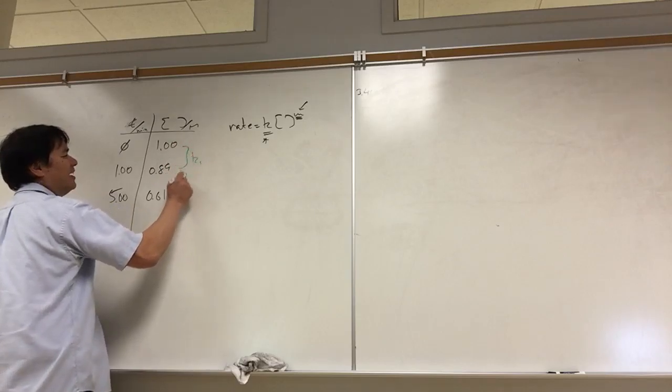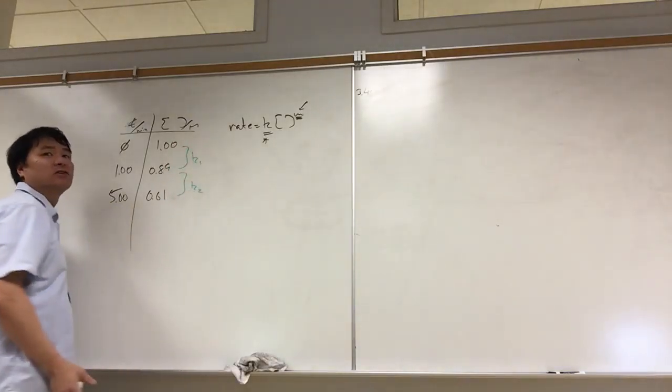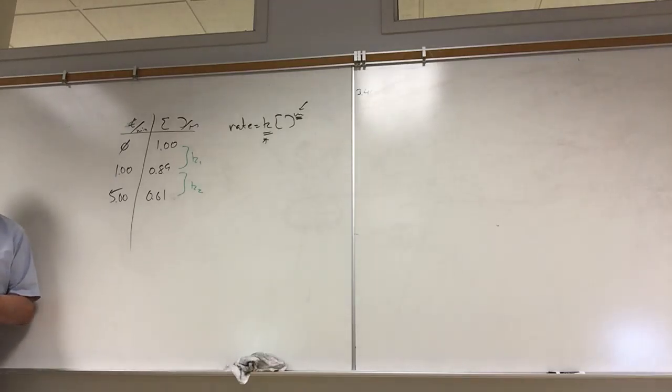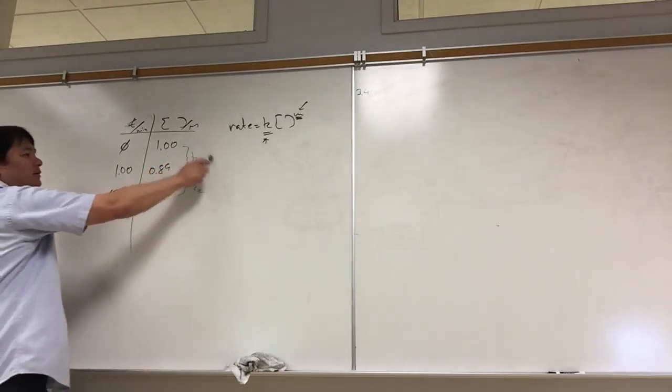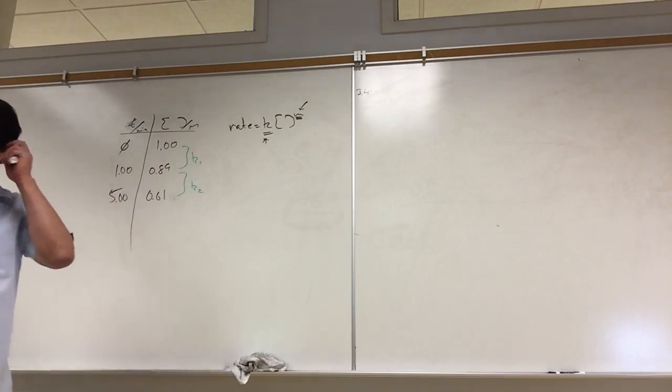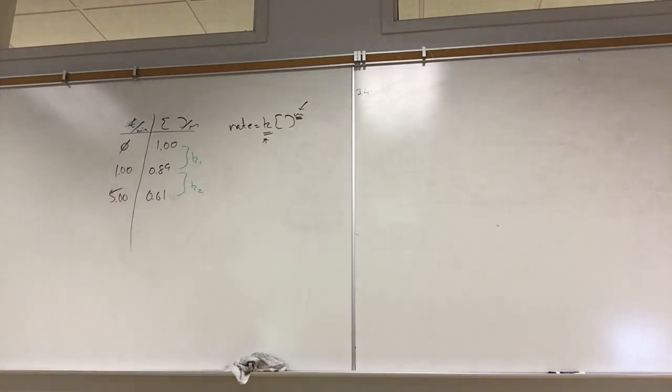We'll call this K1 and call that K2. Compare those two. We could do K3, but K3 is going to be the average of K1 and K2, so that's fine.